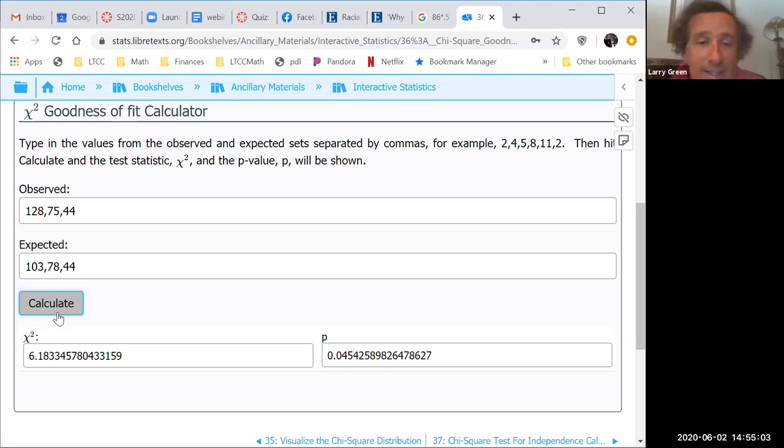So what do you think? I know we haven't done chi-squared yet, but I bet you know what you can do just based on the results here, because we've done enough hypothesis testing. So what do you think? Based on the results that you're seeing in the calculator.